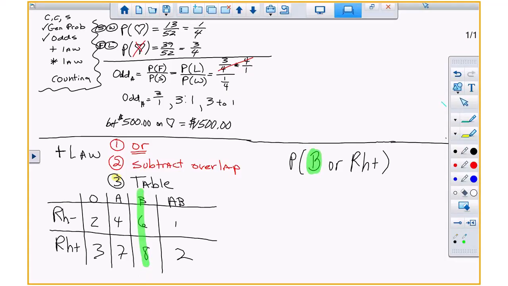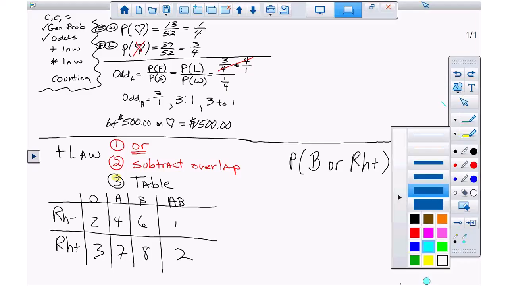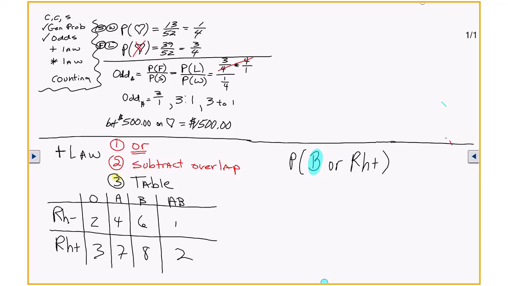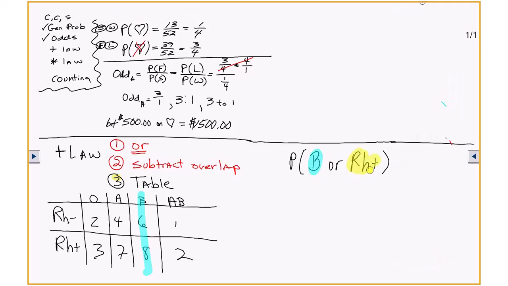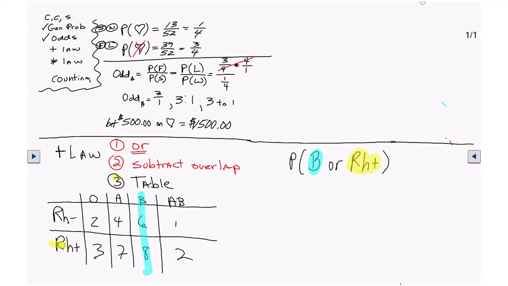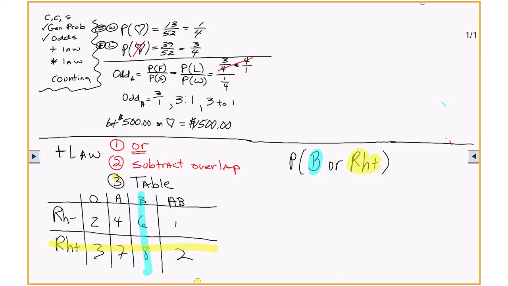No, I'm not going to color that one green. I want to color it blue, because blue and yellow make green, right? Yes. Thank you. So I'm going to blue and yellow. Oh my gosh, we got an overlap.